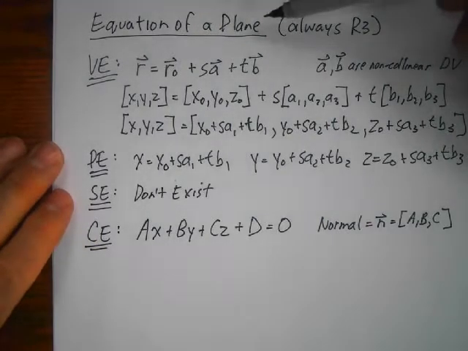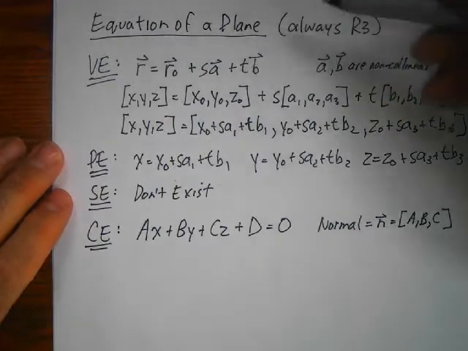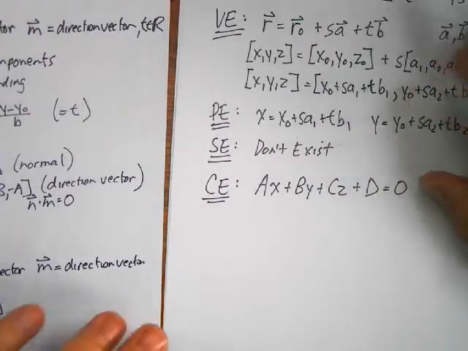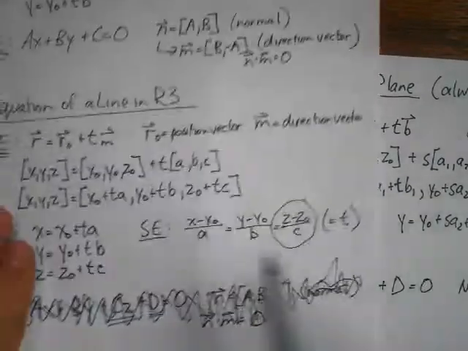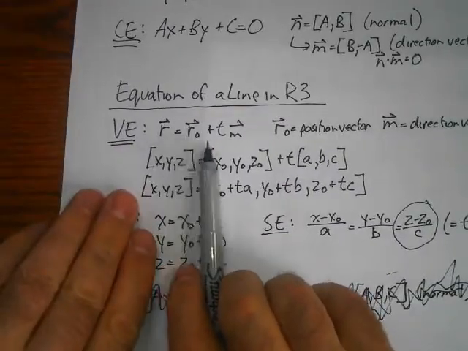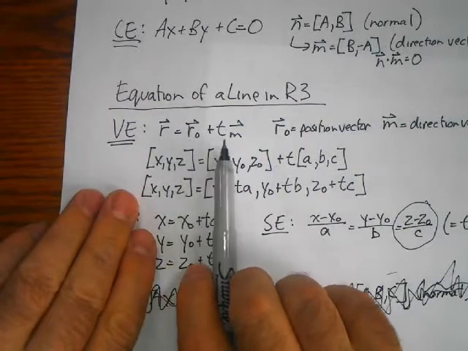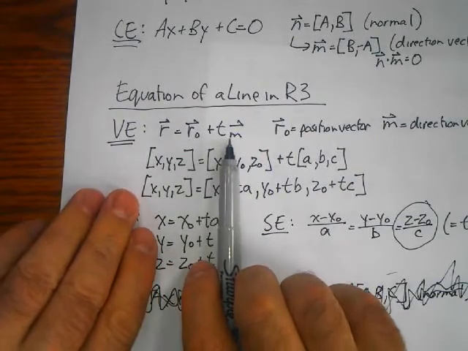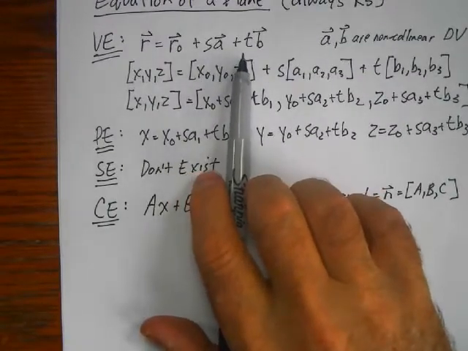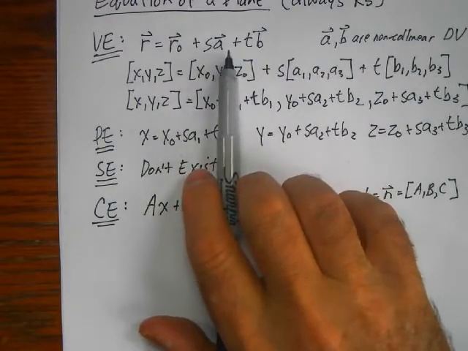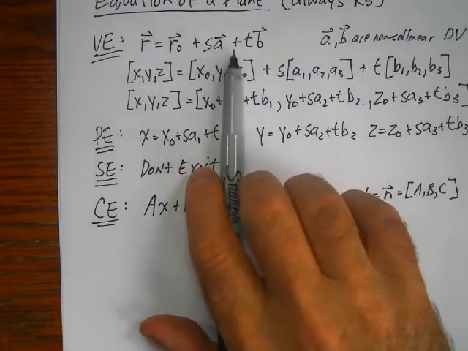Now, as soon as we start talking about planes, like we did in the last lesson, what happened if I put this side by side with a line in R3? You can see that the line's vector equation has a position vector and one direction vector, whereas for planes, we add that second direction vector because you need two direction vectors to define a plane.